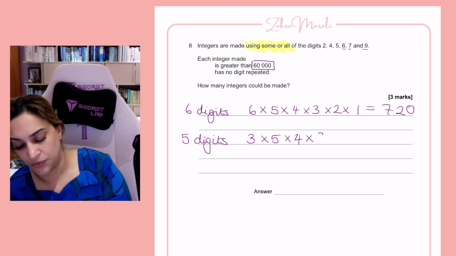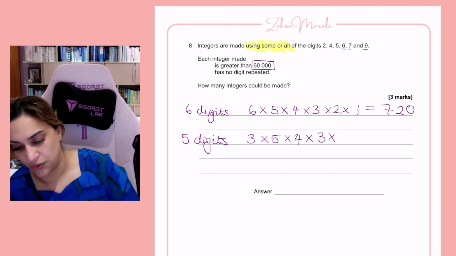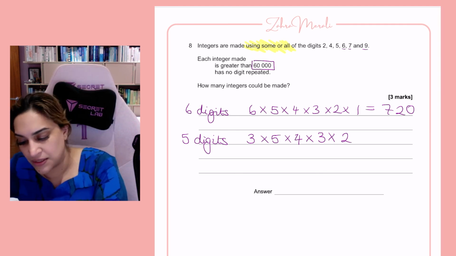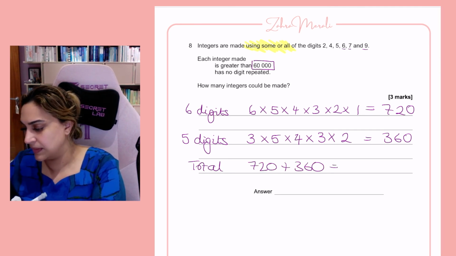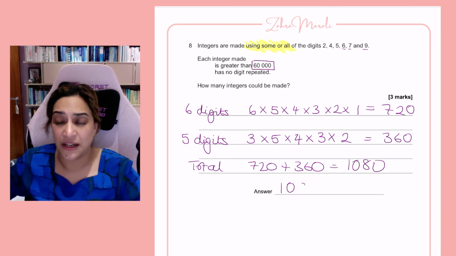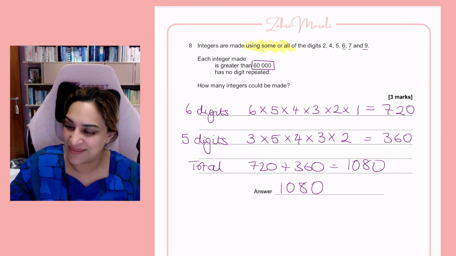The fourth number will be 3, and the fifth number will be 2. So we end up with 3 times 5 times 4 times 3 times 2. So 360 possibilities. So the total will be 720 plus 360, which gives us 1080. So we've got 1080 possible solutions.